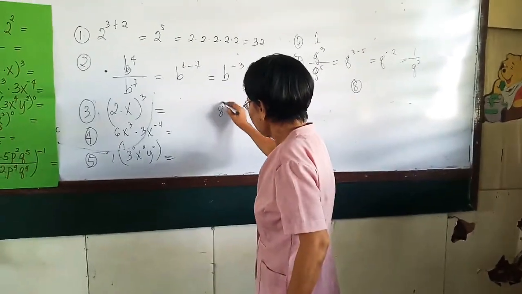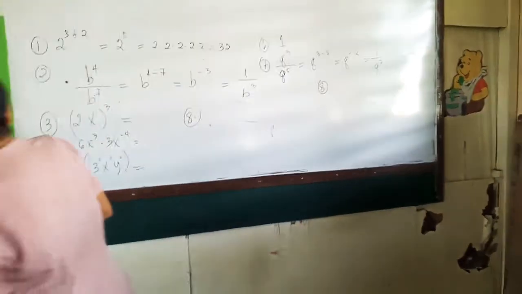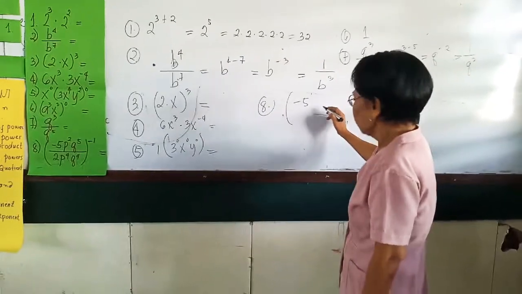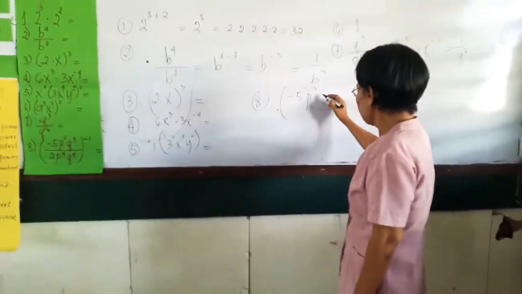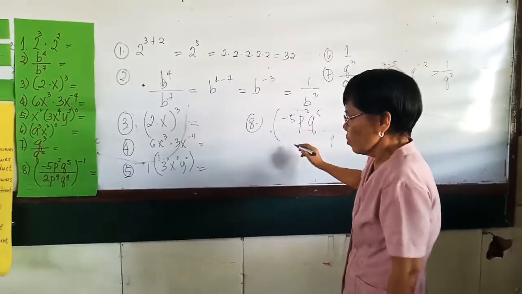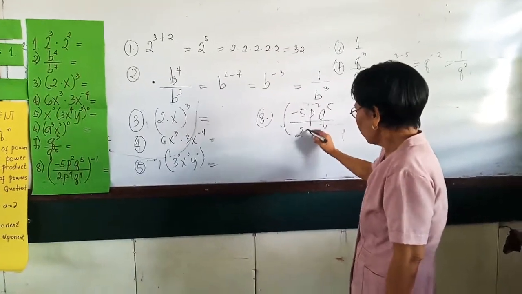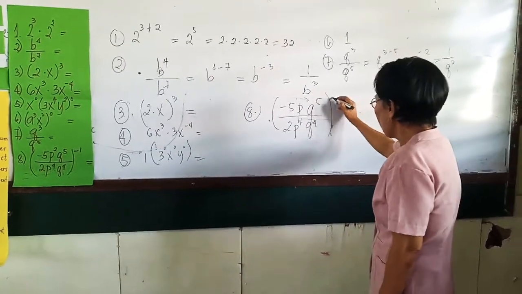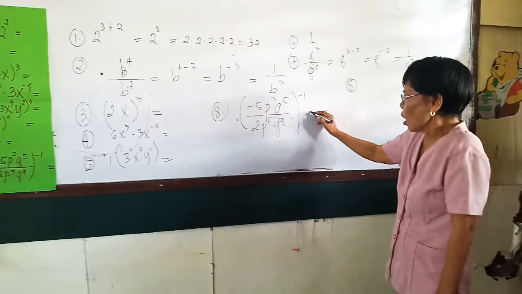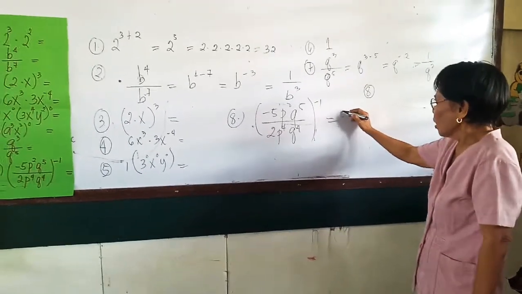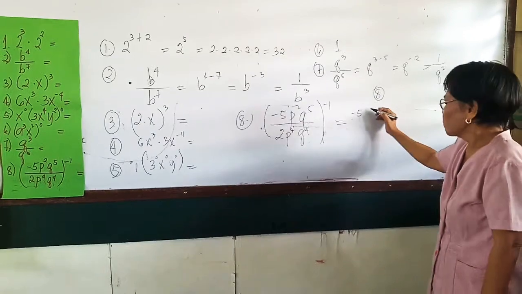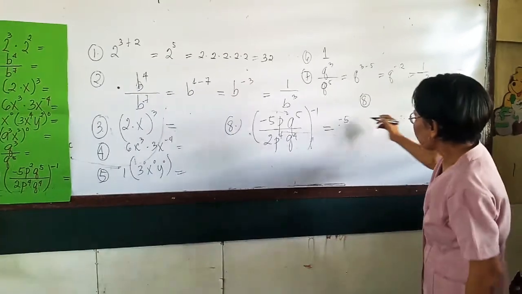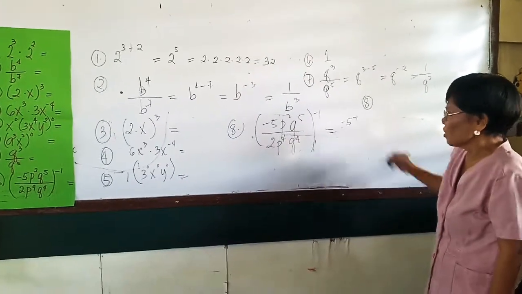Okay, number 8. So negative 5 p squared q to the 5 over 2p to the 4th q to the 4th raised to the power negative 1. Okay, simplify. So negative 5 times, it becomes negative 1.